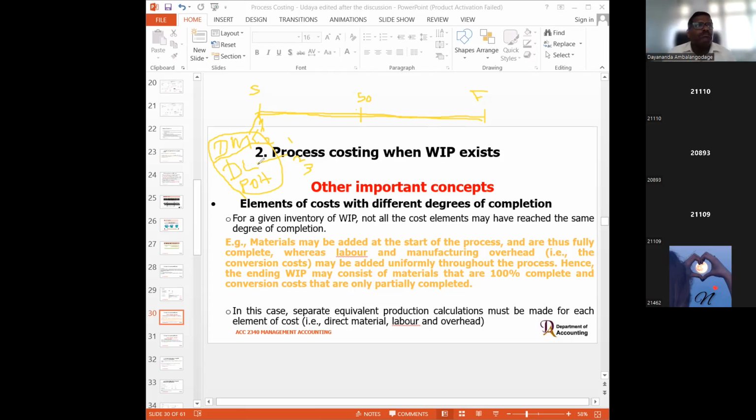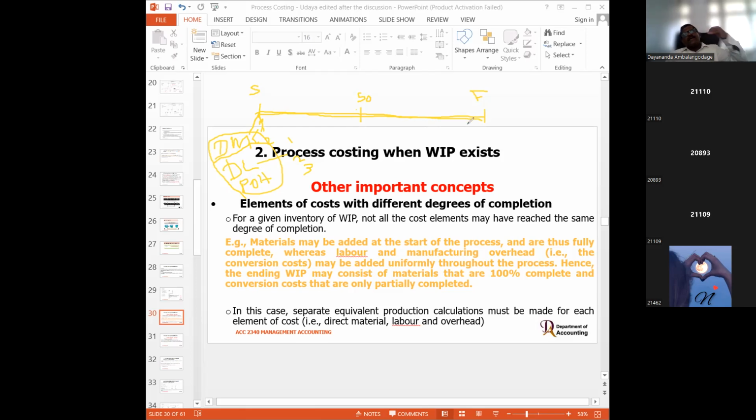But direct labor, carpenter, polishing, cleaning, a lot of things are in, but the polishing does not take place at the beginning. Polishing will be done at this stage. So when you are here, the material for polishing is not being added, and labor related to polishing is not being added. Production overheads are also the same.